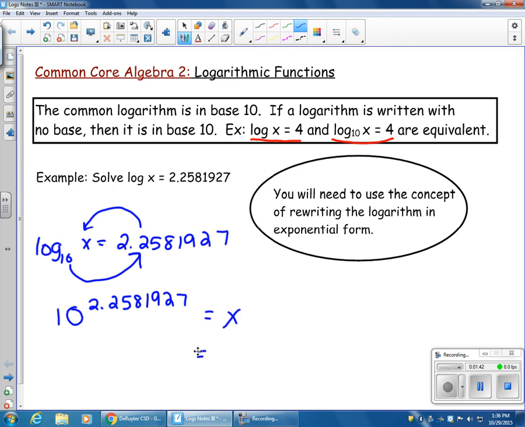Then you're simply going to put that in your calculator and come up with a value. And we can round to the nearest hundredth. So you should get 181.21.